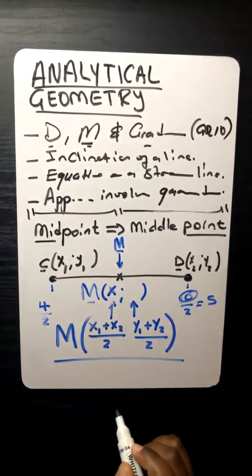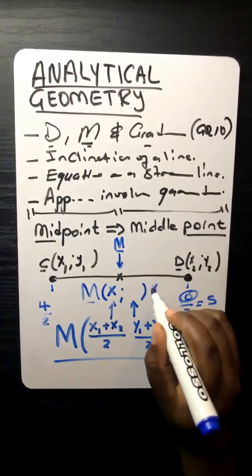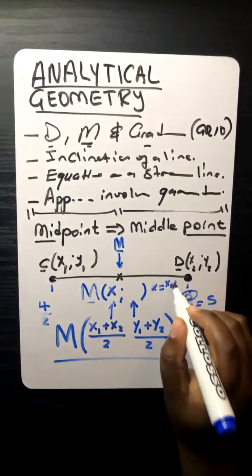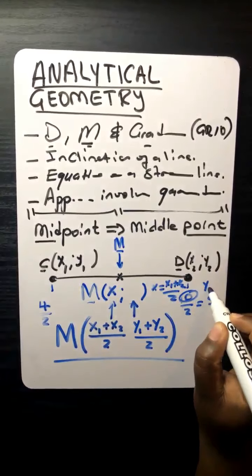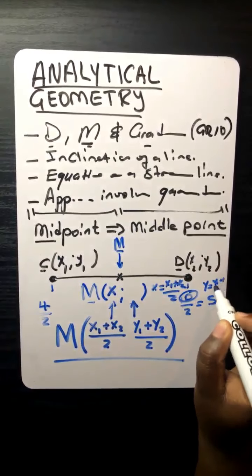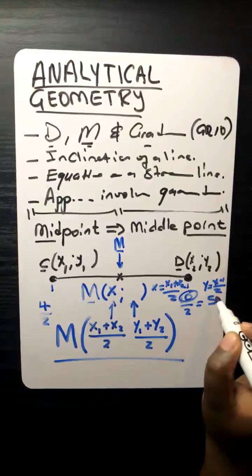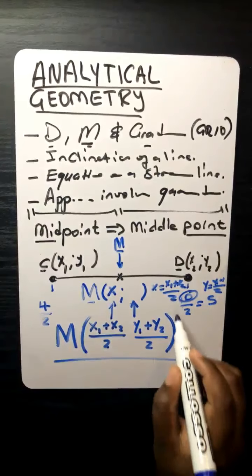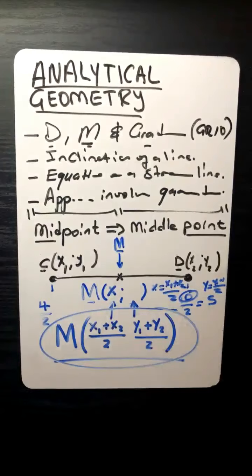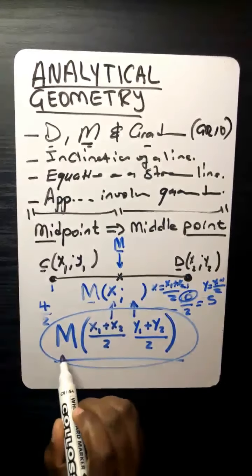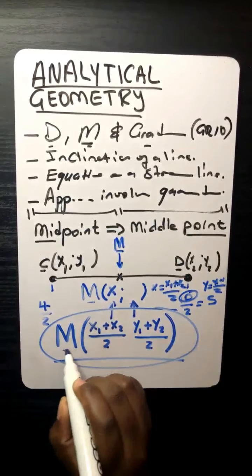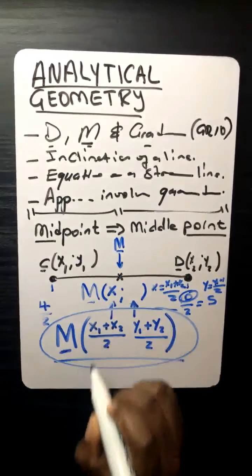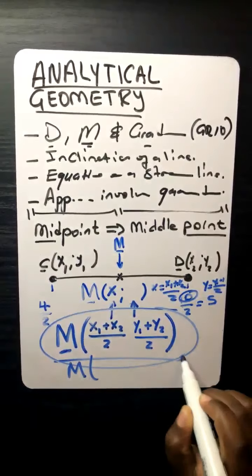So instead of having to calculate the x value as x1 plus x2 over 2, and separately y equals y1 plus y2 over 2, and then write the coordinates, they know someone like Tisha likes shortcuts. So they just use this formula, M equals the point M, and then we just substitute into that formula.